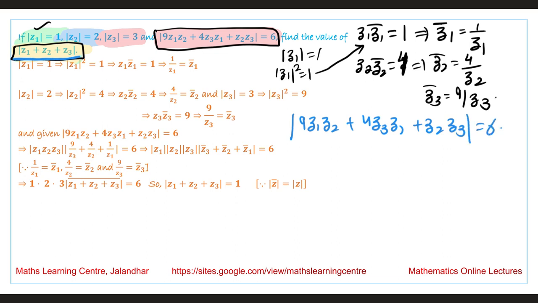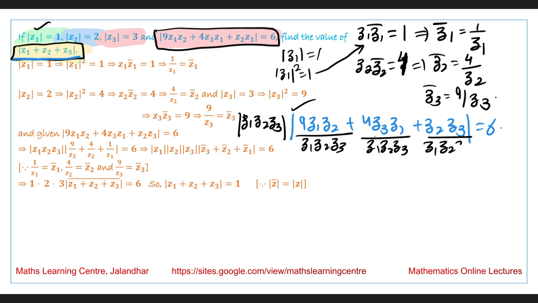Now we multiply and divide this expression by z1 z2 z3, with the mod already over there.